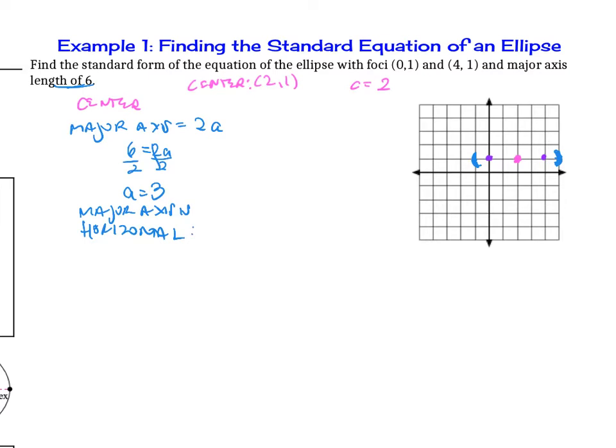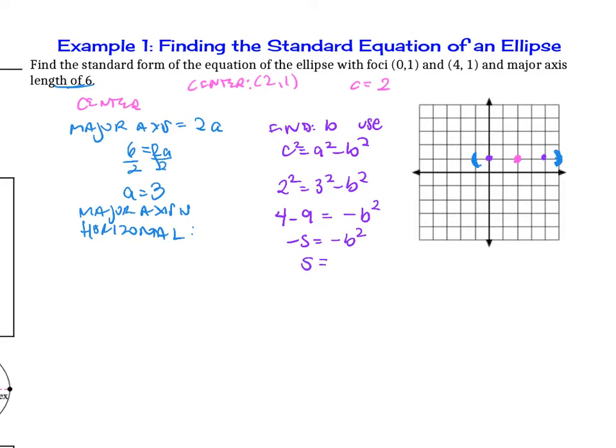Now we know a is 3, we know c is 2, so we need to find b. To find b, we're going to use the formula c squared equals a squared minus b squared, and we're just going to solve for b. So we have 2 squared equals 3 squared minus b squared. So this is 4 minus 9 equals negative b squared. So we get negative 5 equals negative b squared, or just 5 equals b squared, or b equals the square root of 5.